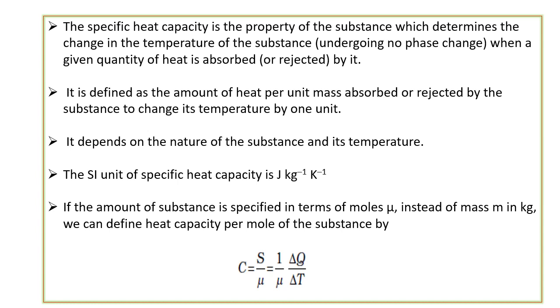If the amount of substance is specified in terms of moles, denoted by mu, or in some books by n, then instead of mass m in kilogram, we define heat capacity per mole of the substance, and that will be capital S divided by the number of moles, mu.